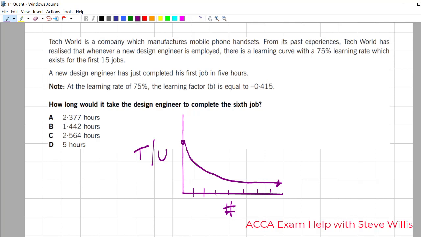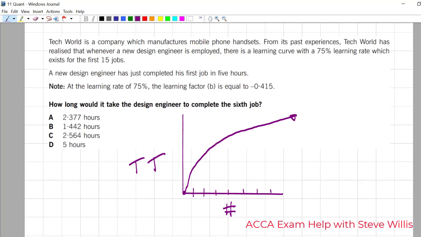Okay, another way of looking at that, if we look at the total time, as we start making units, the total time is going to be curving downwards. Okay, eventually it achieves again a steady state. And the question is asking us, how much time would it take the designer to do number 6? And that's not the total for 6, that's unit number 6.